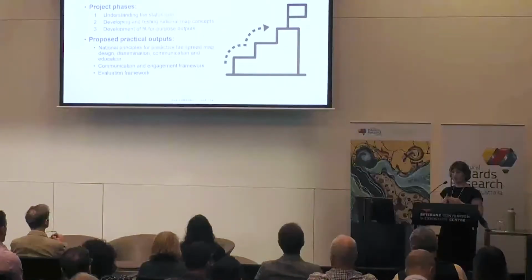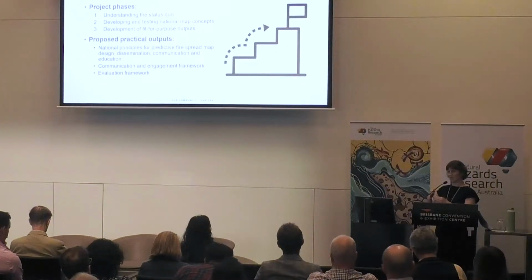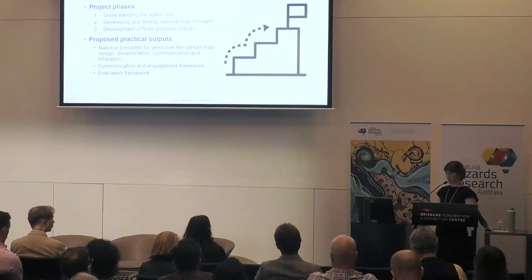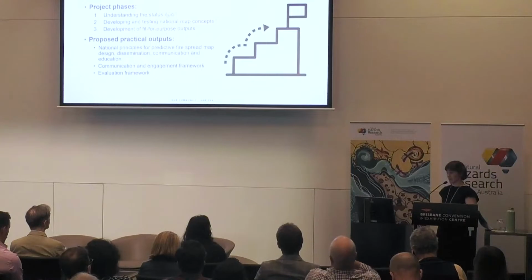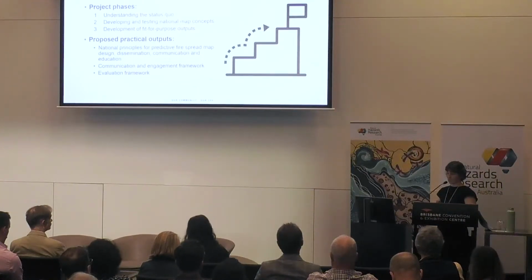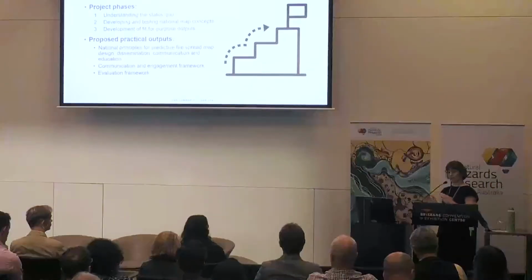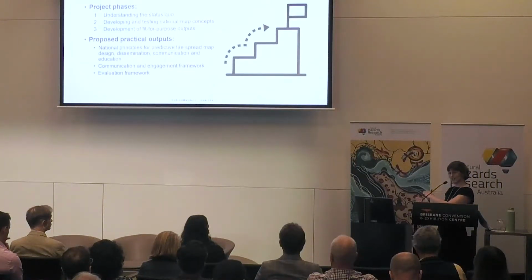So we don't want the project to end and then there'd still be that need for that follow-up research to implement our findings. And the proposed practical outputs at this stage are national evidence-based principles for predictive fire spread map design, dissemination, communication and education, and that really comes out of the research through the phases.